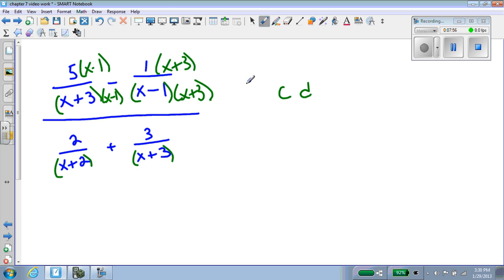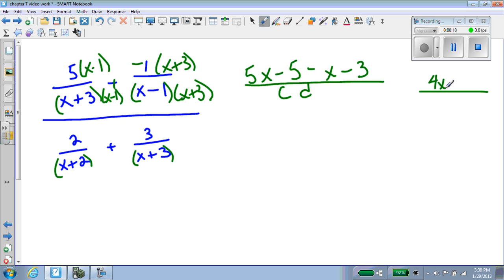So the numerator looks like 5x minus 5 minus x minus 3, which looks like 4x minus 8 over x plus 3, x minus 1.